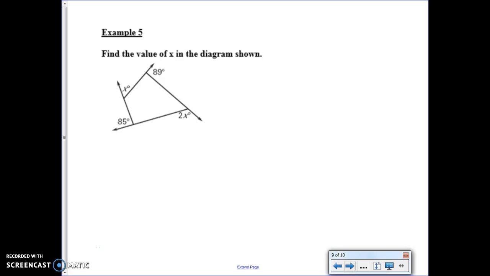So if you get something like this, we know that we can immediately add up all of those exterior angles and set them equal to 360. So now I have 1x plus 2x, which gives me 3x, and then I have 89 plus 85. So 3x plus 174 is equal to 360.